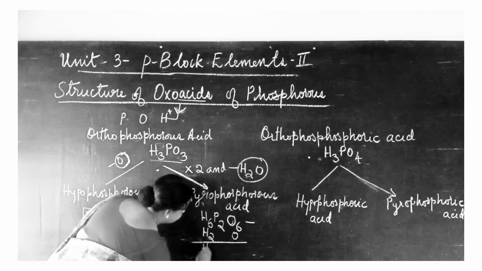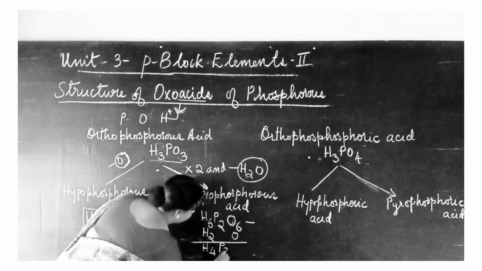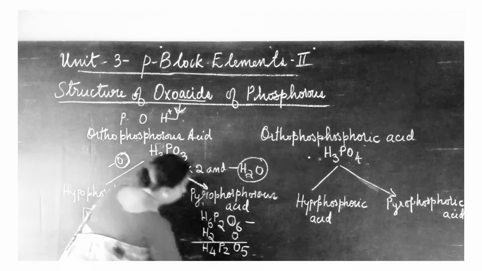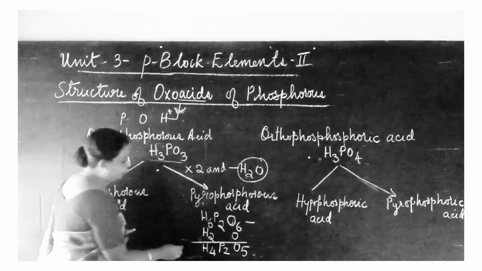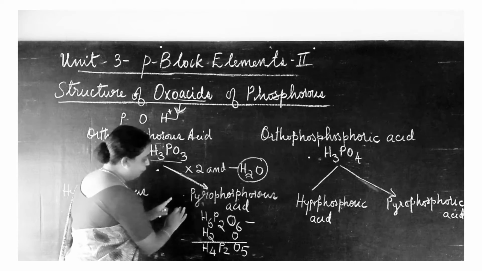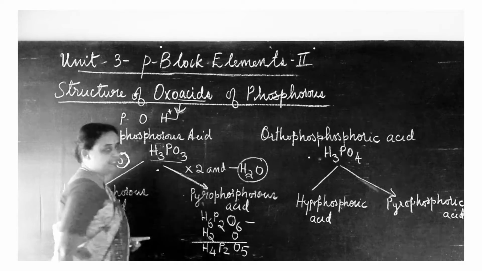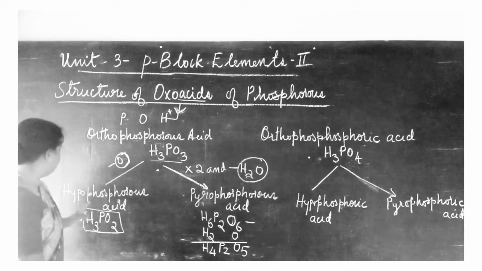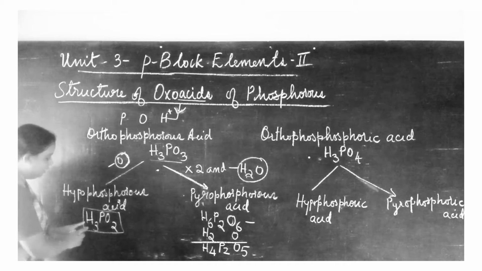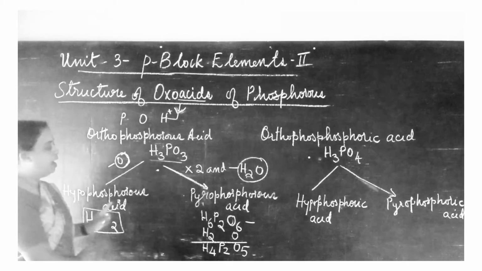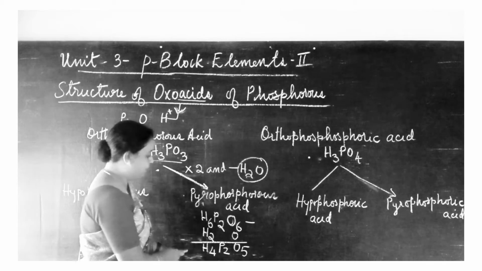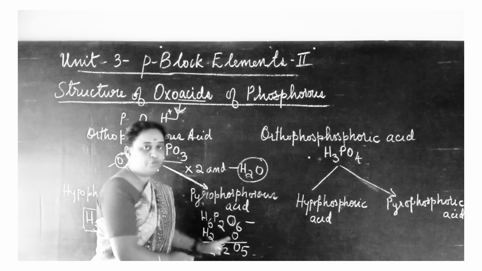You get H4P2O5. Okay, so H4P2O5 is the formula for pyrophosphorus acid. Got it? Yes. So for hypophosphorus acid, H3PO2 is the formula, and for pyrophosphorus acid, the formula is H4P2O5.